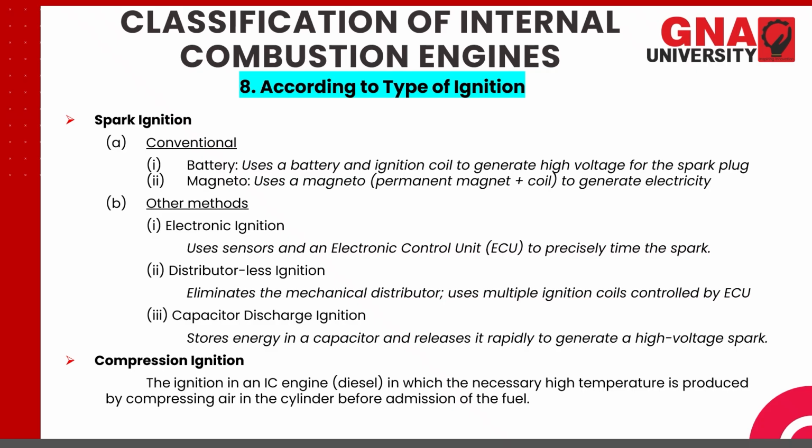Energy is stored in the capacitor and it releases it rapidly to generate a high voltage spark. So in this manner, in SI engines, spark is generated. In the compression ignition, the ignition in the engine is in which necessary high temperature is produced by compressing the air in the cylinder before admission of the fuel.